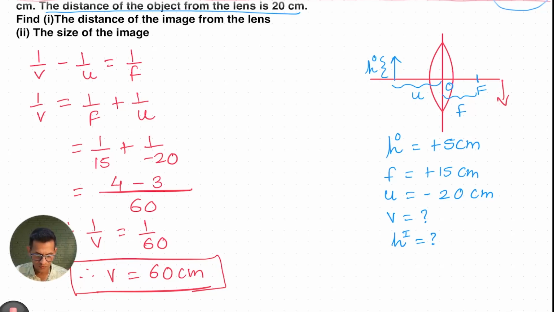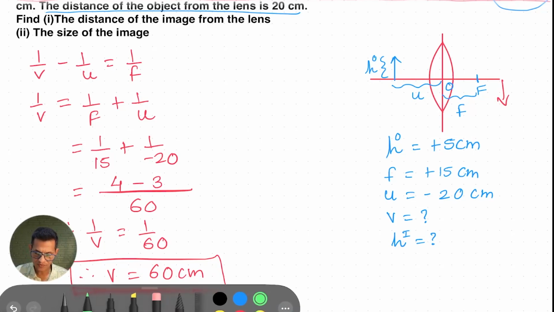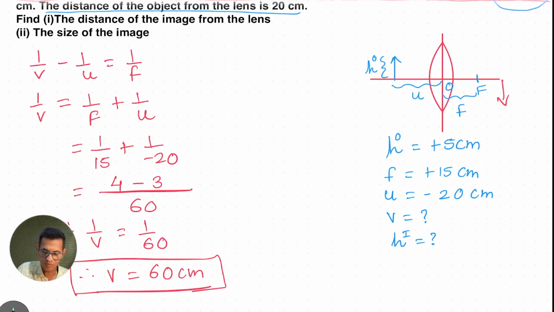So the next thing we need to find is the height of the image. The formula that we need to use is height of the image to the height of the object is equal to v upon u. Now, the height of the image we need to find.